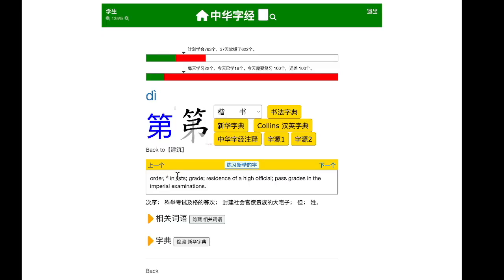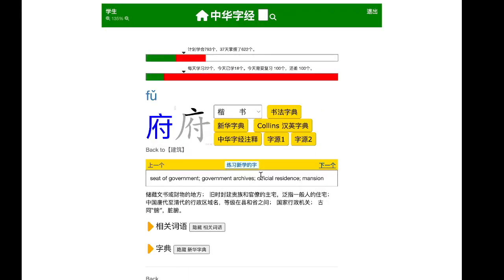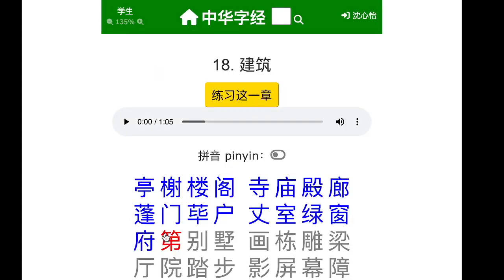So like first, second, third, 第一, 第二, 第三, when you list things. Or a grade. So here, because these two characters have a similar meaning, you put them together. 府邸, referring to a mansion, house, or an official residence.